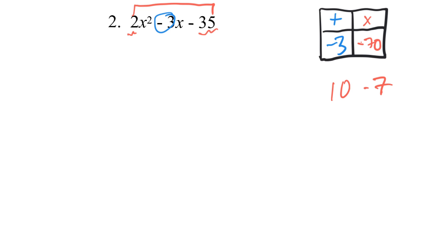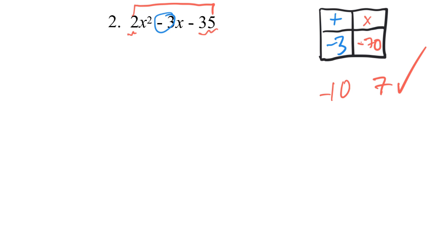It doesn't give me -3, but it gives us +3. So all I have to do is transfer that negative sign and put it on the 10. So -10 plus 7 does give us what we need.